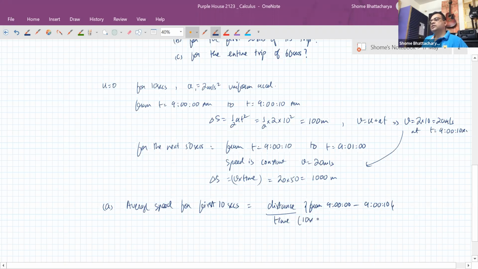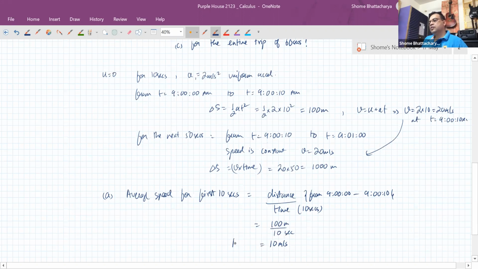It's 10 seconds. That distance above, you can see, is 100 meters divided by the time of 10 seconds. So it is 10 meters per second. So this is our average speed for the first 10 seconds of the motion, right?